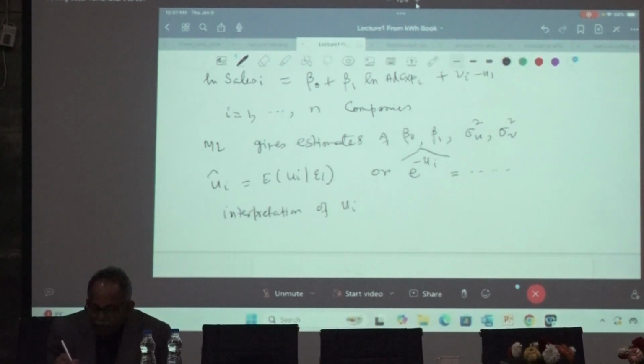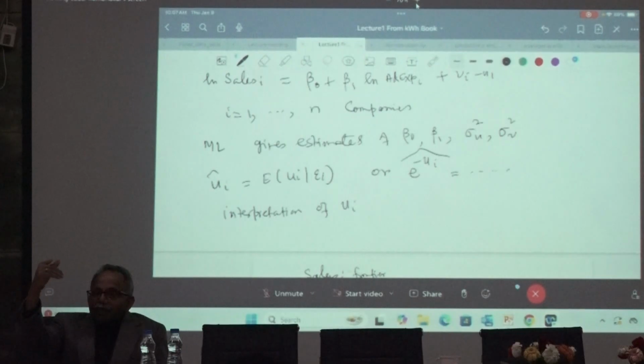So you can just say that your sales of individual or company i, divided by the frontier, that is the benchmark, divided by your actual sales. What would be this number? Is it bigger than 1 or smaller than 1? Smaller than 1, right?